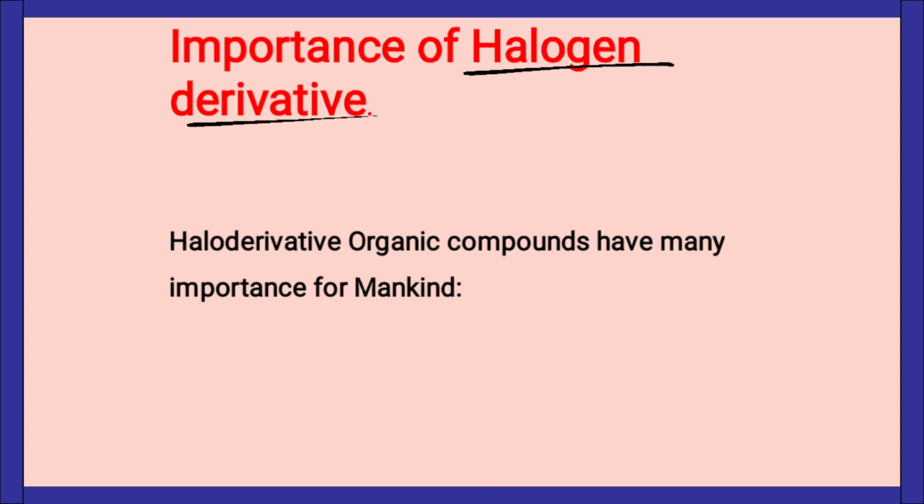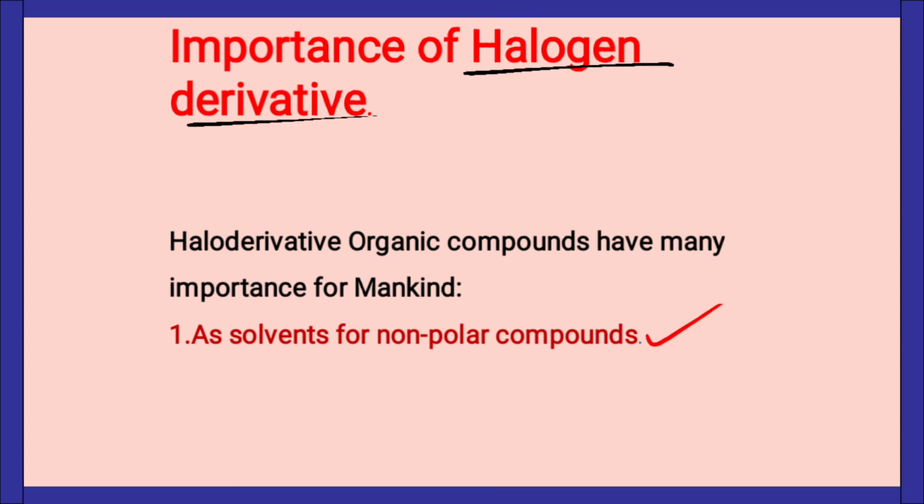So halo derivatives, organic compounds, have many important uses, and let's see what these important uses are. Number one, they act as a solvent for non-polar compounds, because you know that like dissolves like. I am framing this statement from the chapter Solutions, your chapter 1.